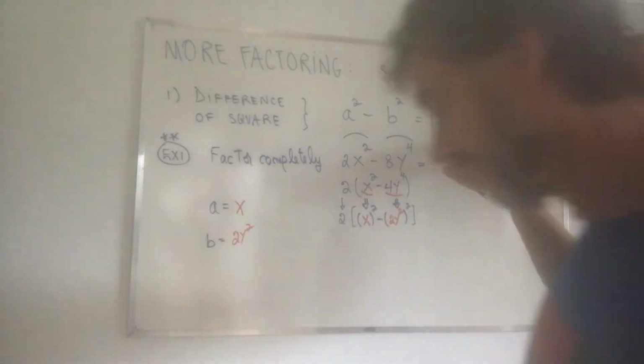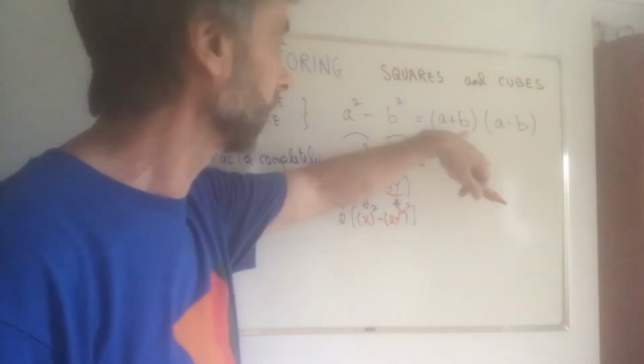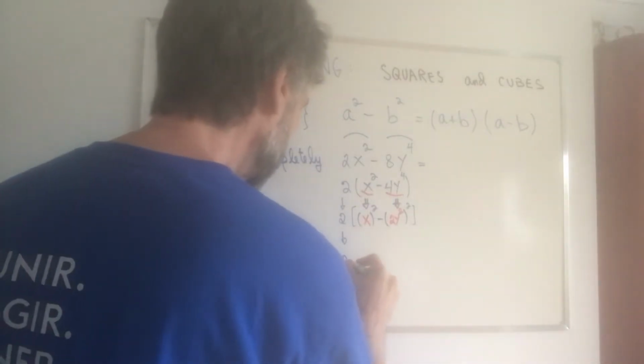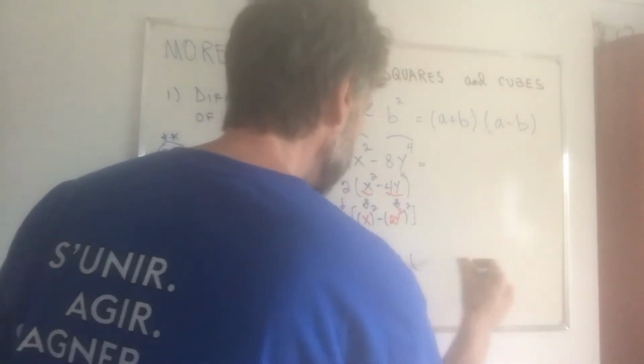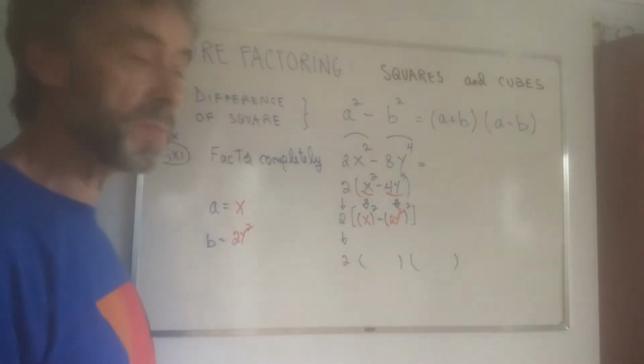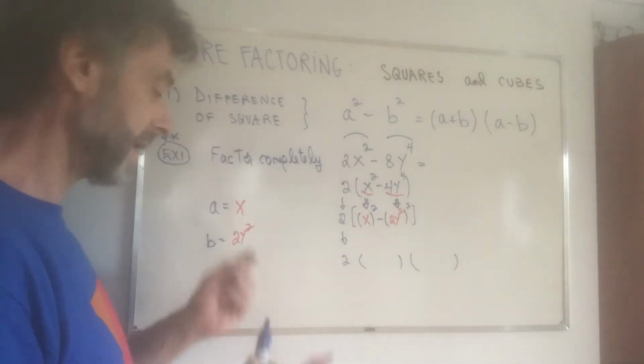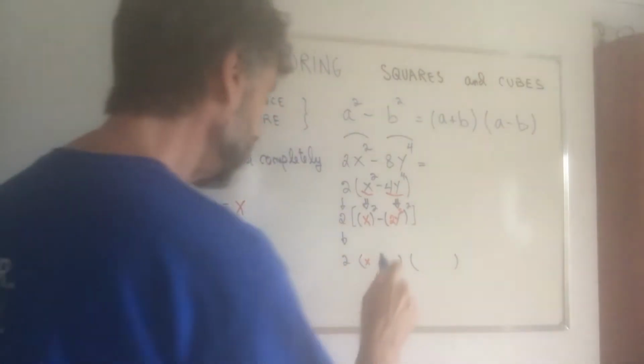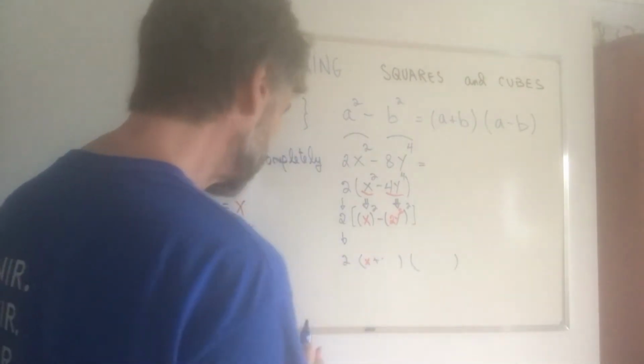So now I apply my formula. I shall now write this as a plus b times a minus b. So I carry my 2, and I shall have a plus b times a minus b. What's a? A is x. Plus b, what is b? 2y squared.